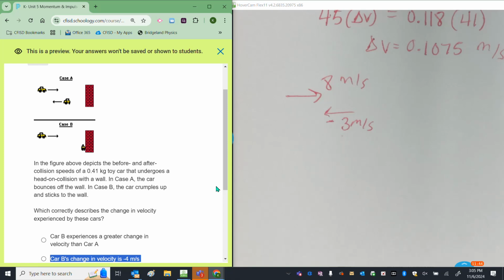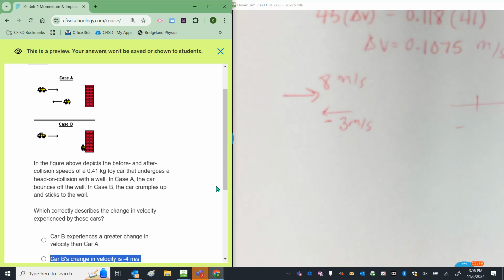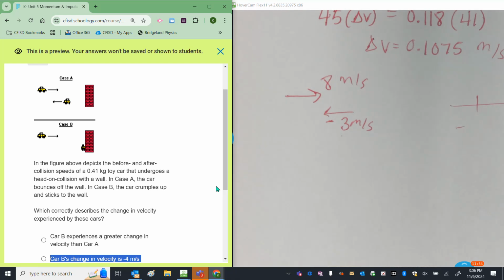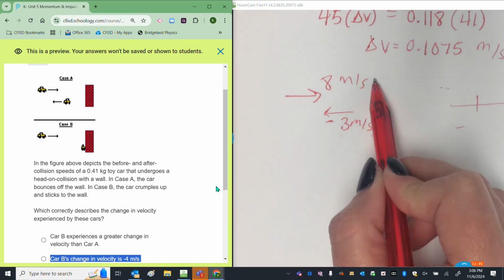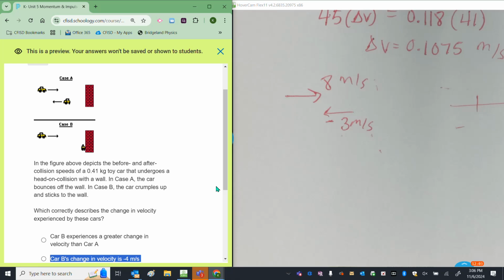Think of it like a number line, where you have 0 and then you have negative numbers over here, negative something, positive something. If you're going from 8 to -3, again, you can get this by doing final minus initial. -3 minus 8 would be -11. That's going to be important for your math, because you will have a question on your test where something does change direction.